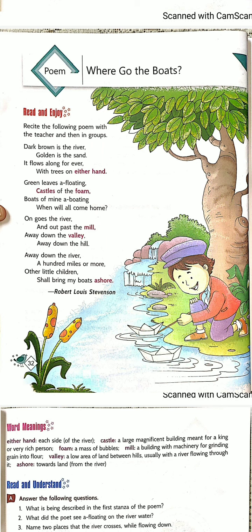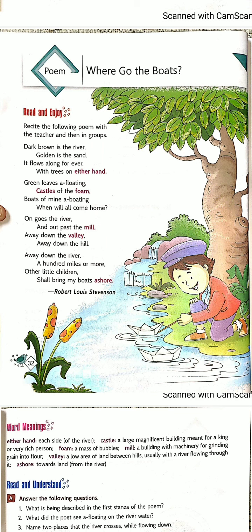And in the last stanza, the poet says that the river flows 100 or more miles. Now he is saying that you can't imagine the end of the river because it flows 100 or more than 100.